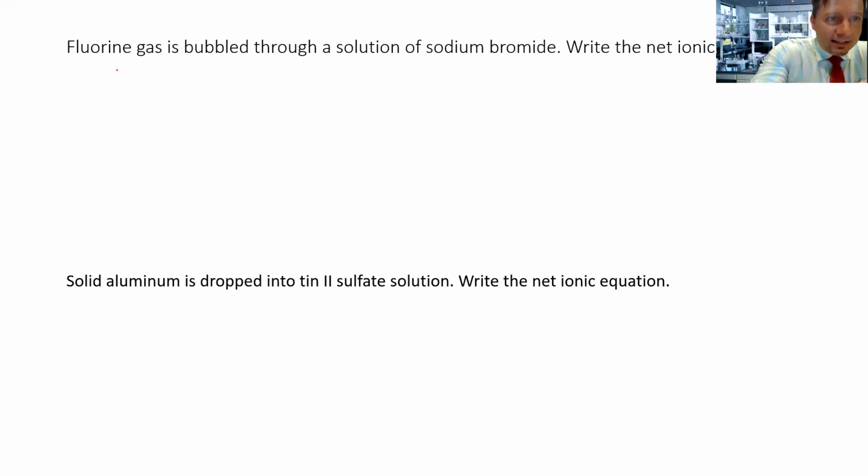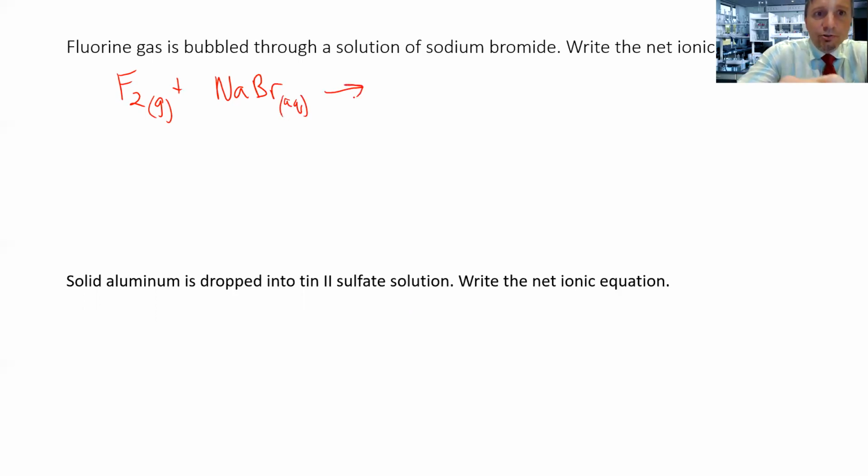So fluorine gas, and that's a gas, plus I have sodium bromide, NaBr, and that is aqueous. And it's going to produce sodium fluoride aqueous plus bromine, and bromine is a liquid.